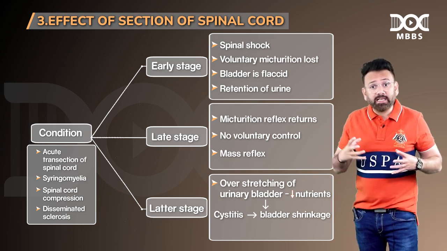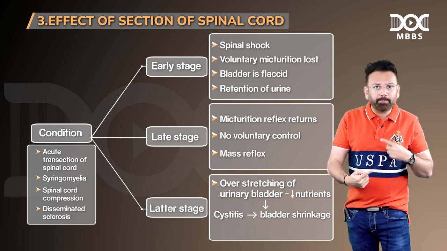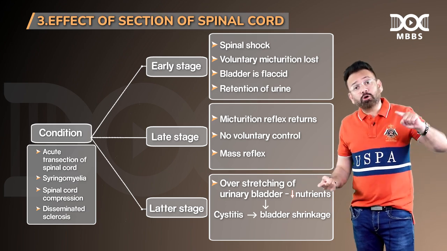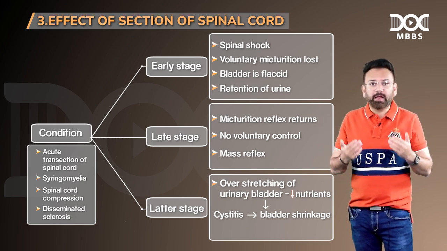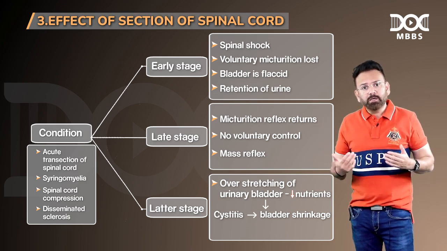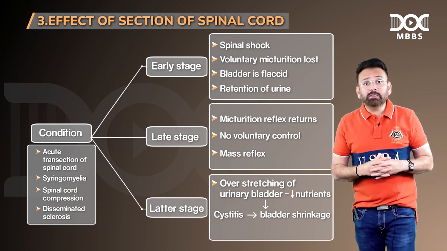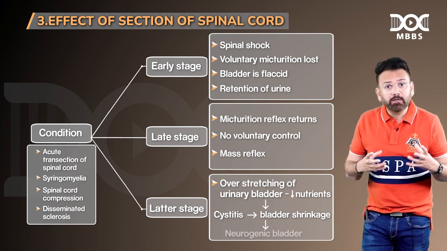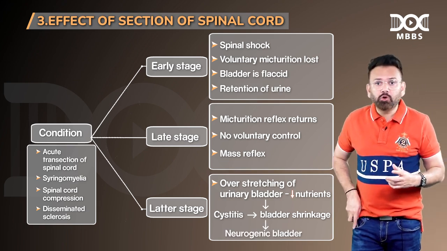It becomes a spastic contracted neurogenic bladder because sympathetic and parasympathetic are intact, but only because of the acute spinal shock they were not working properly. But after some time, when reflexes start returning, they will also return and they become hyper also. So they are called spastic contracted neurogenic bladder. So in these conditions, you can get neurogenic bladder.